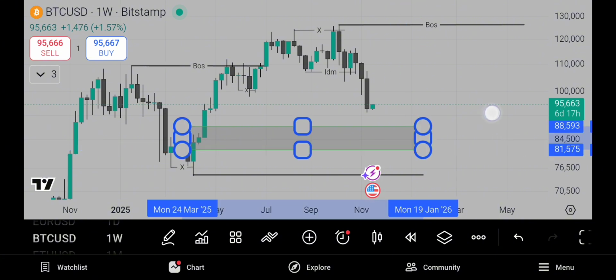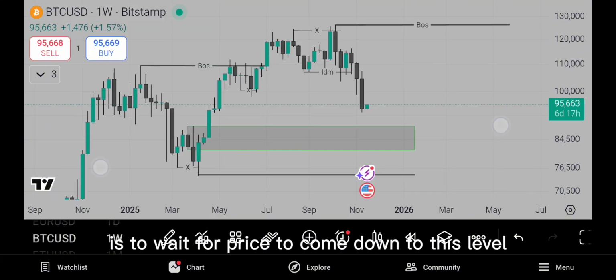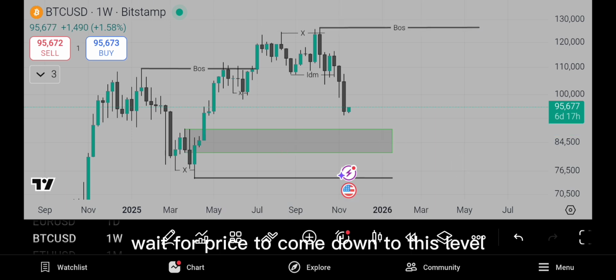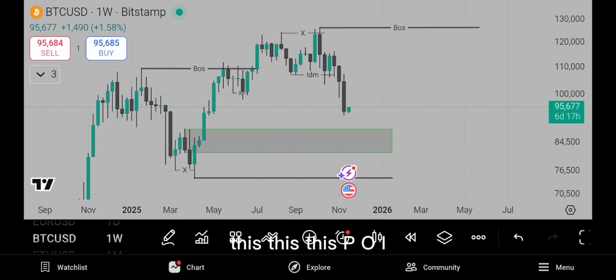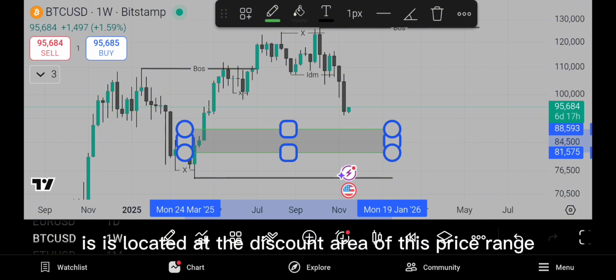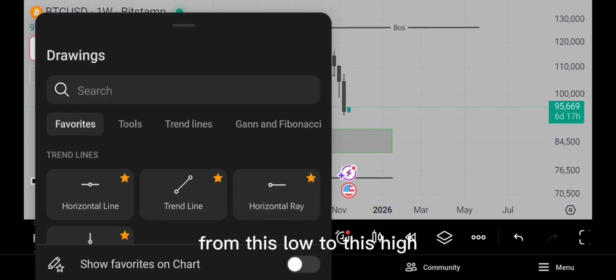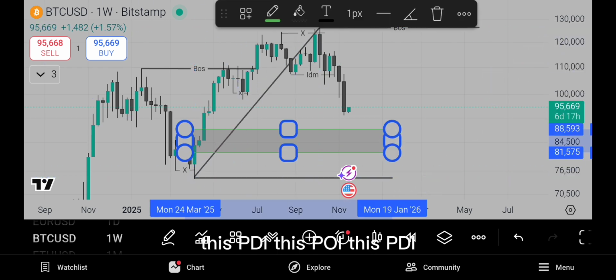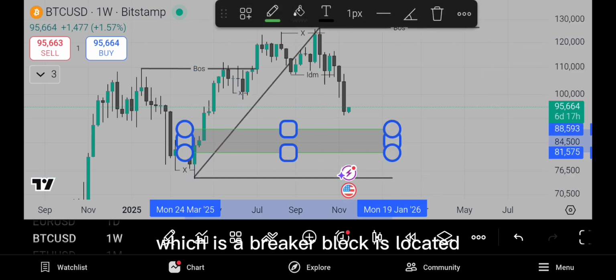So what I'm going to do now is to wait for price to come down to this level. This POI is located at the discount area of this price range, from this low to this high. This POI, this PDRA, which is a breaker block, is located, and it's also aligned.